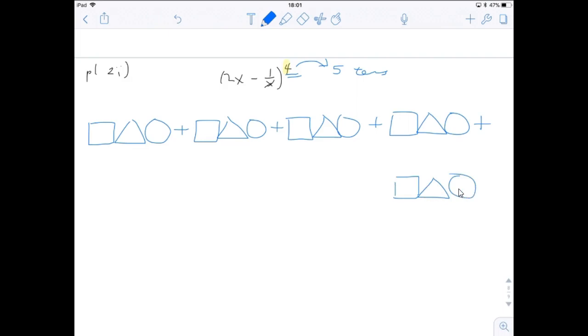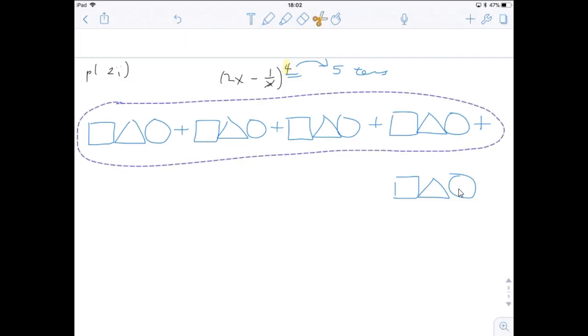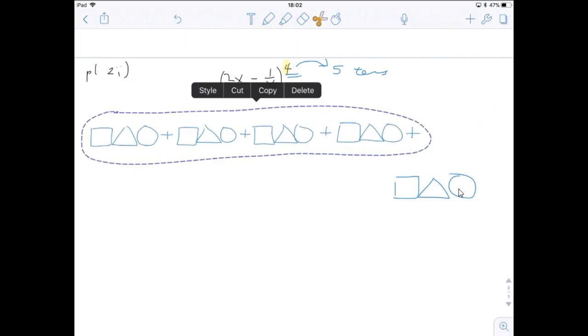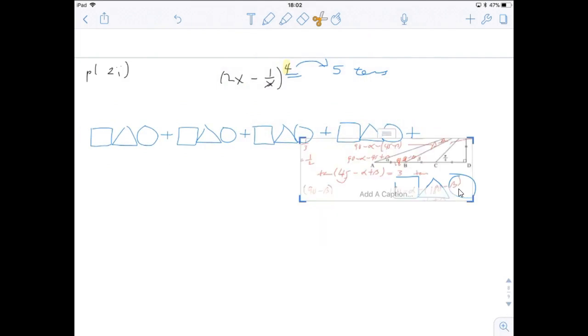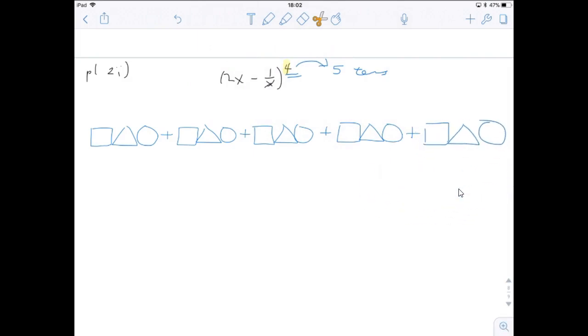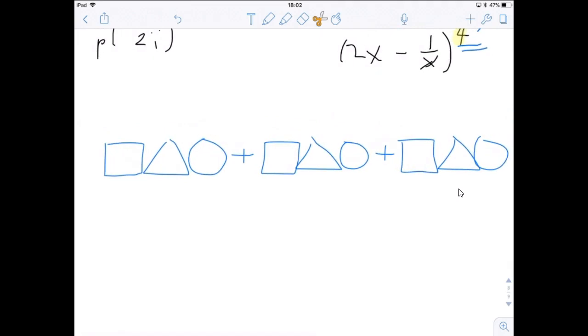Okay, and then inside each one of these shapes, I am going to put some information. Let me try to make this all fit into one line so it's a little easier to see. Now, inside each one of these squares, I am going to put my Pascal's triangle coefficient.